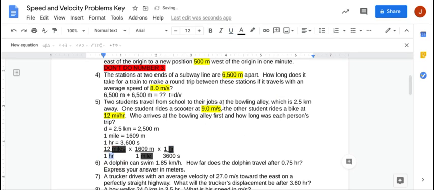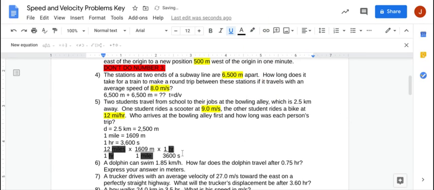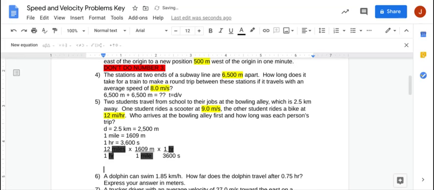So you will be left with meters per second. So you would multiply that out, and that would be how many meters per second for that part. So this is a 2-part problem.